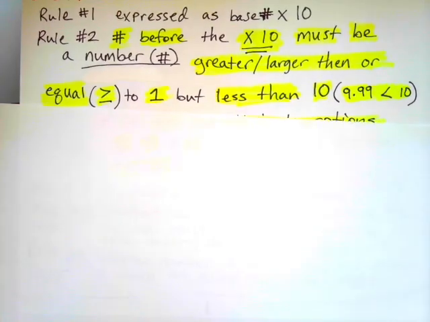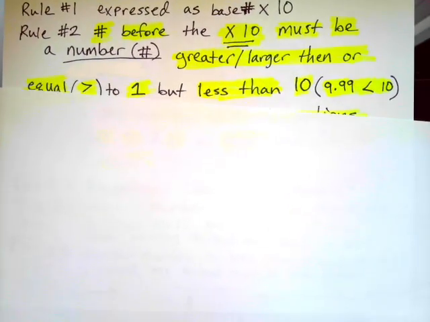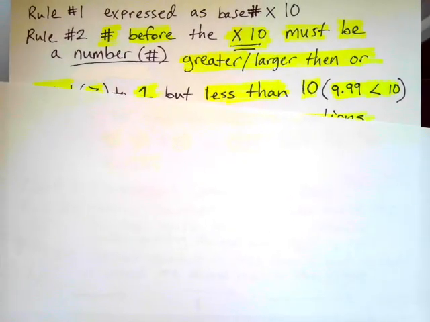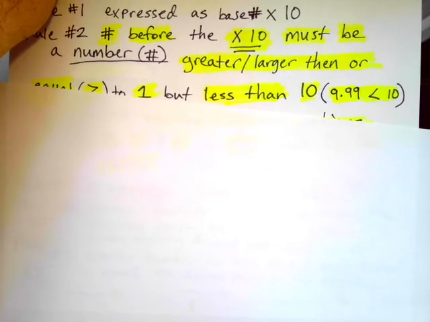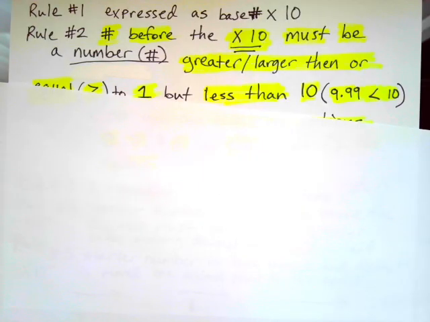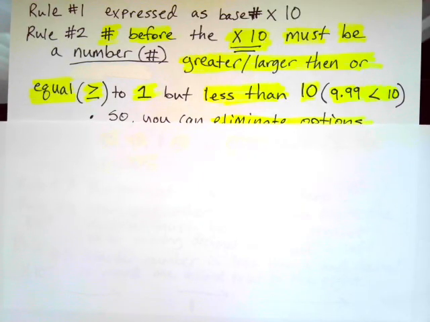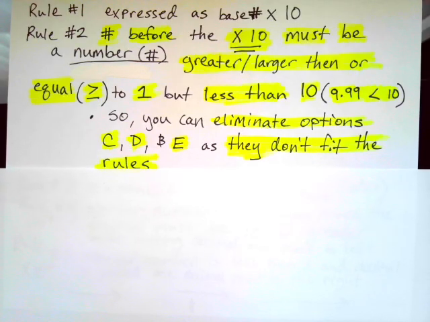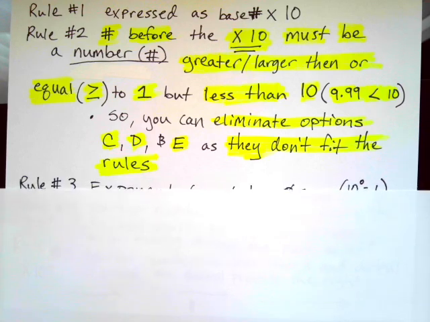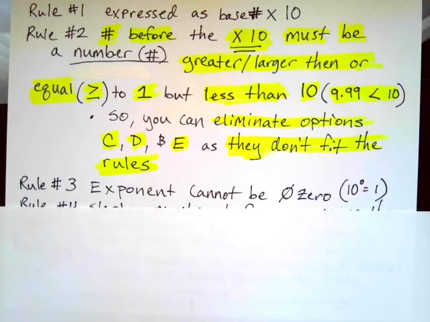Let's go ahead and continue to review the rules here, and then I will be showing you some examples. I'm even going to have you pause the video in part 2 and practice a couple of questions I prepared for you. So you can eliminate, again, options C, D, and E. They do not fit the rules. That leaves you with a 50% chance to guess.